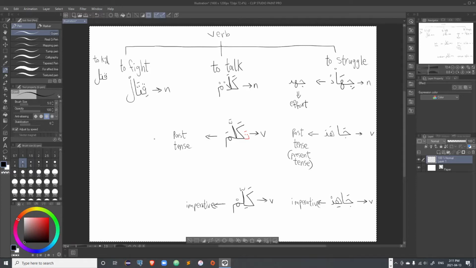For the past tense, the form is قاتل. قاتل. That is the past tense.